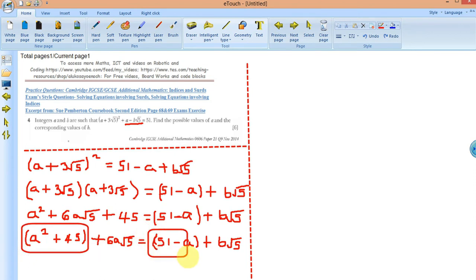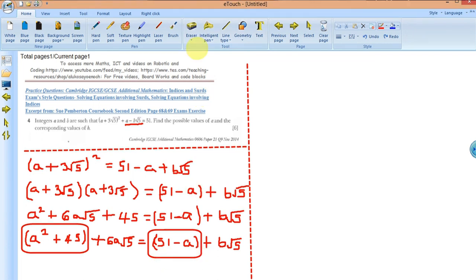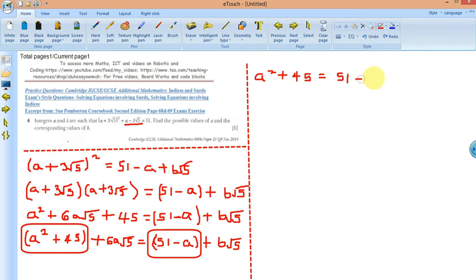So I'm going to equate the rational terms on the left hand side to the rational terms on the right hand side. So that will be a squared plus 45 equals 51 minus a. And I'm going to do the same thing for the irrational term.